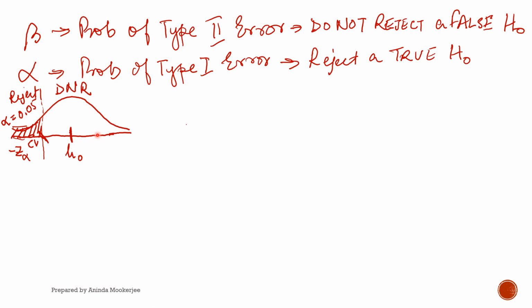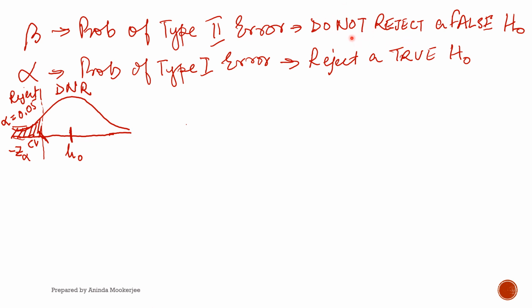Now, the common misconception, all right. Intuitively we might think that, well, since beta is the probability of a type 2 error, therefore it's the area of the do not reject region, right?